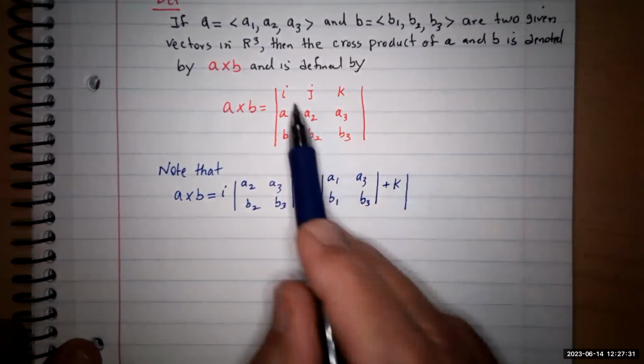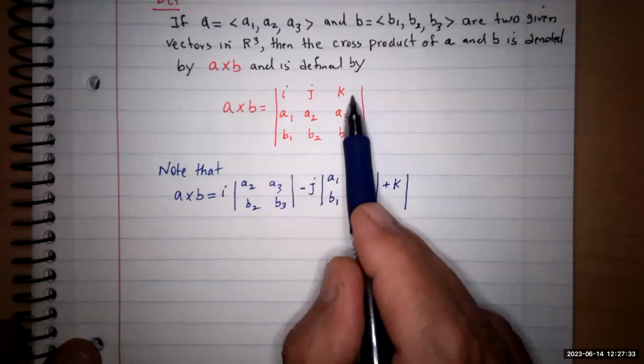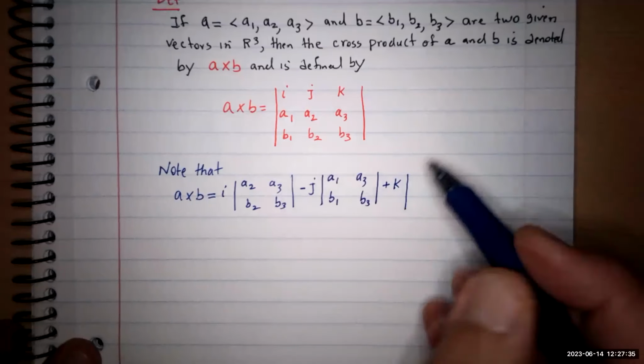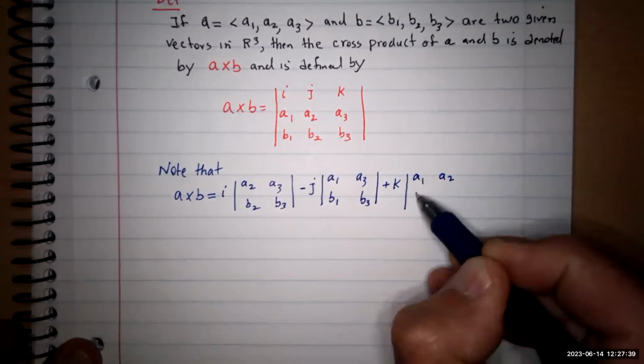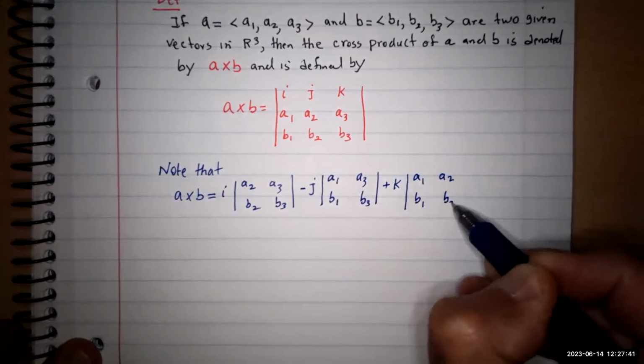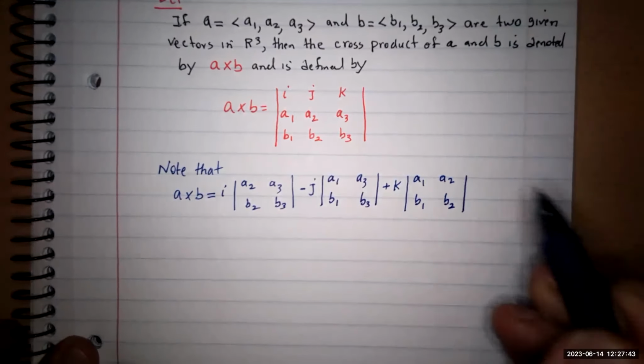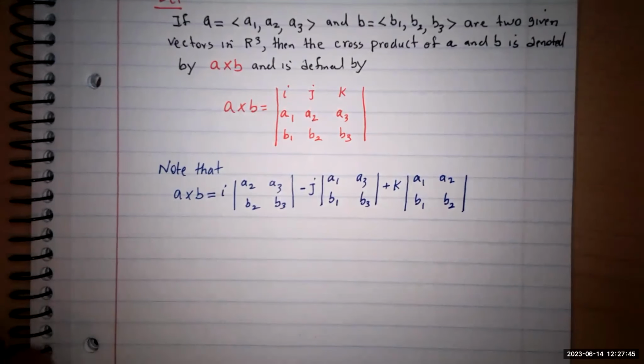You remove the first row and the last column: A1, A2, B1, B2. Okay, I just distributed the matrix that we have over here.